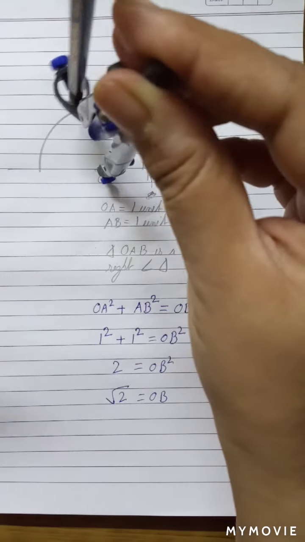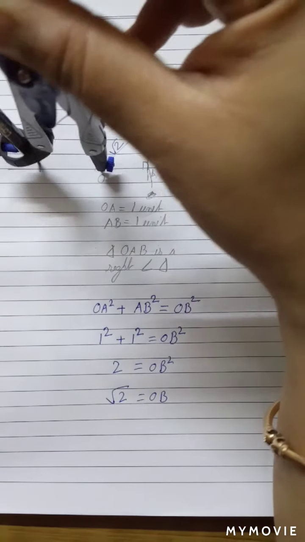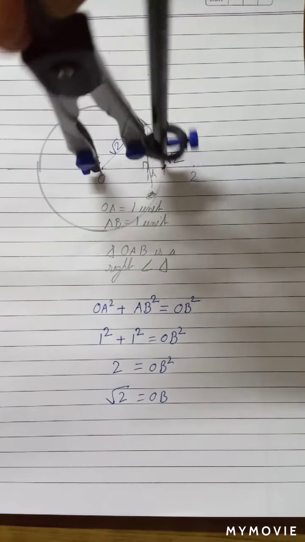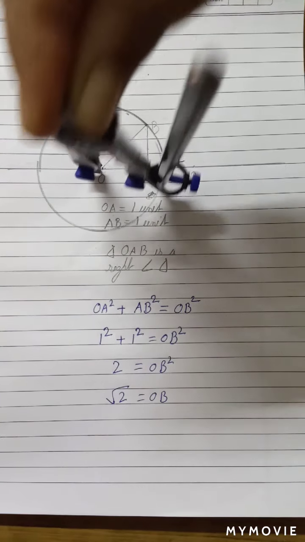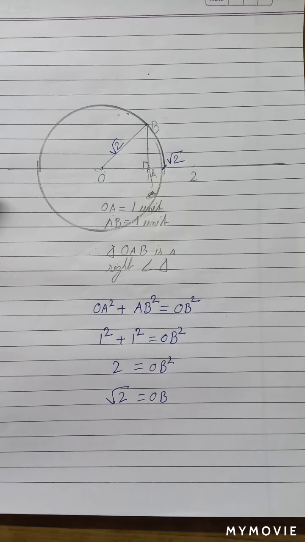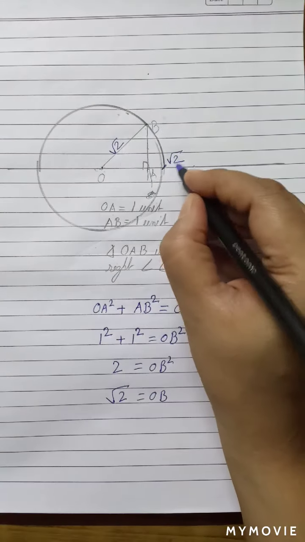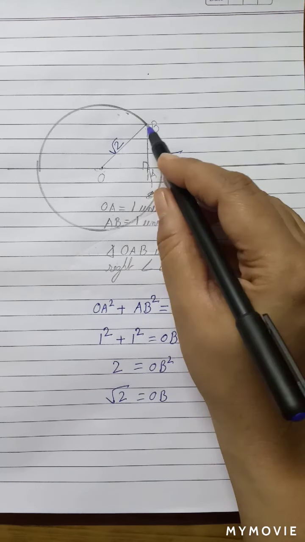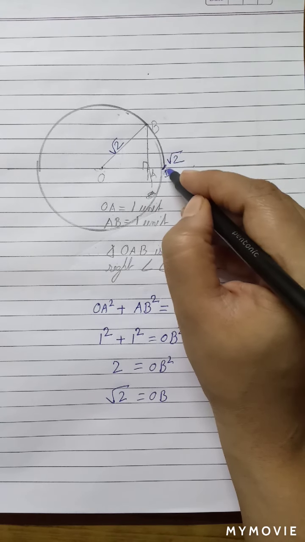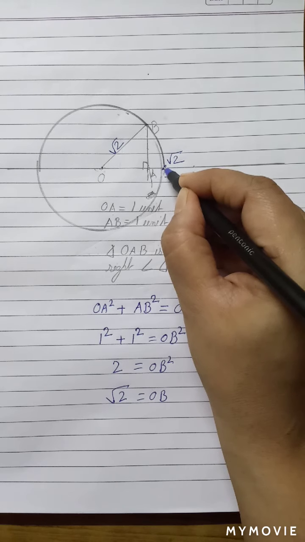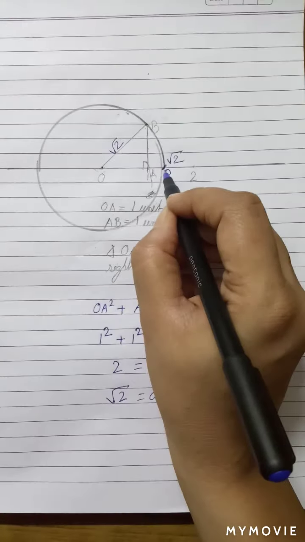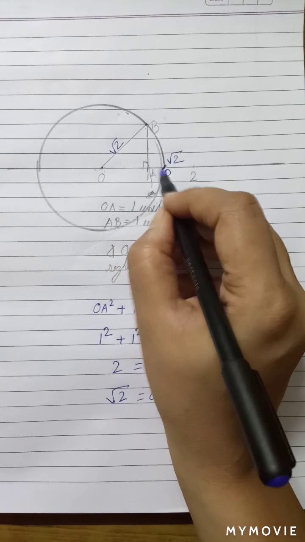I made a semicircle so that it is evident that it's a part of a circle. But let's complete it for the sake of understanding it. If we complete this circle, we will understand that the point where the arc intersected with the number line, let's call it D. So, we can see that OD is the radius of the circle.